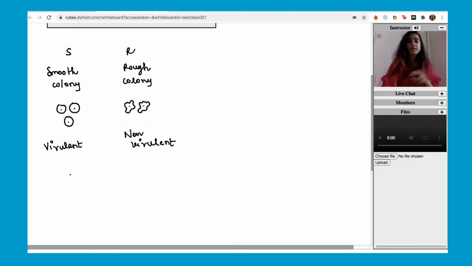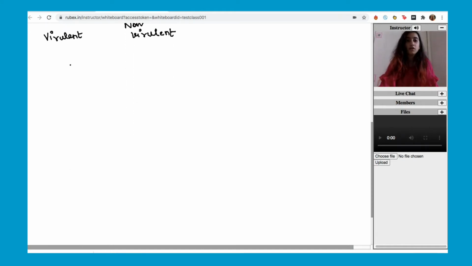This difference between these two strains was what was used by Griffith to find out the nature of the genetic material. He conducted this basic experiment in 4 steps, and I'm going to highlight those 4 steps for you here. First, he took a healthy mouse.